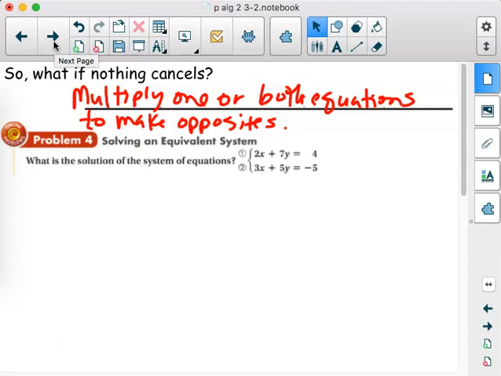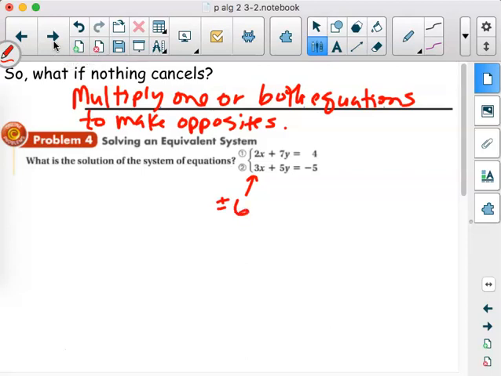And you start to think, well, maybe somebody else will pick different opposites than I do. As long as they do it right, it doesn't matter. If you do the math right, it's going to work. So I look at these two, and I think, all right, if I went after the x's, those are 2 and 3. Smallest numbers I could go after would be plus and minus 6, of the least common multiples.